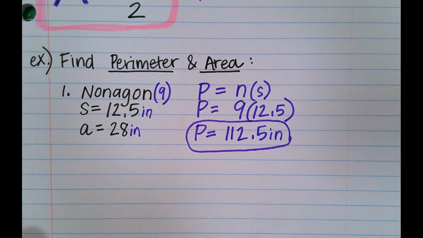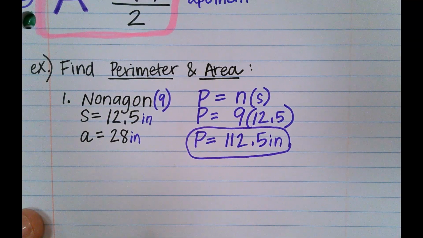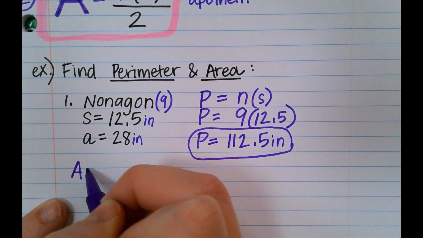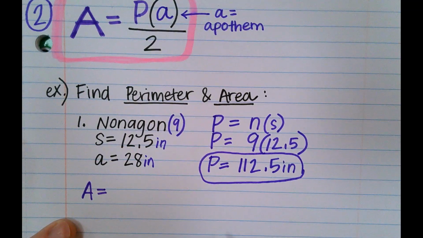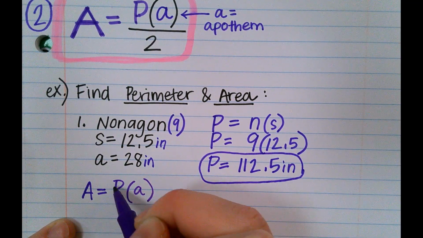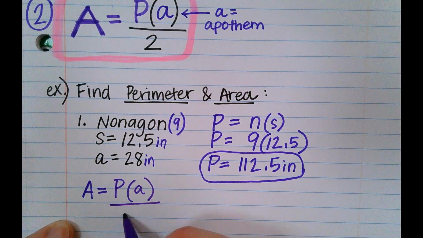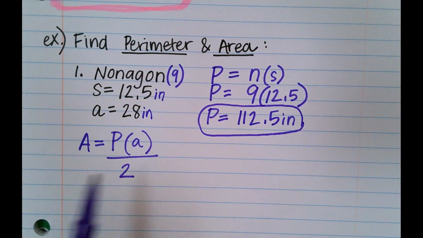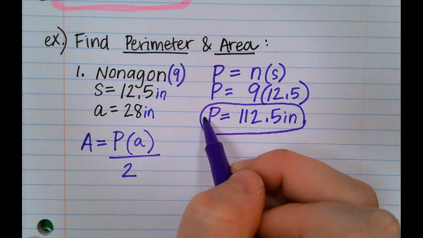Now I have my perimeter. What is my area formula? P times A divided by 2. Good. P times A, perimeter times apothem, divided by 2. So, what goes into this formula? 112.5 times 28.